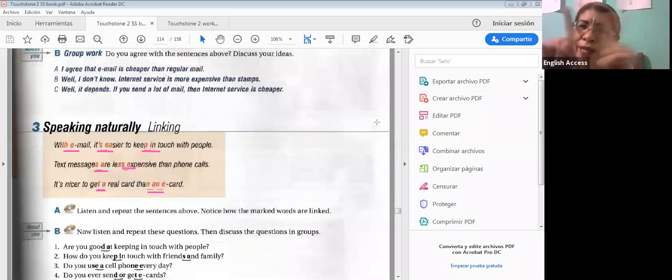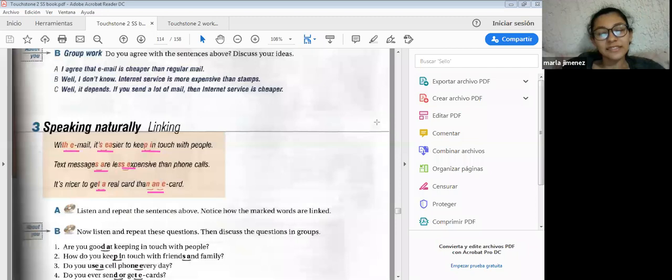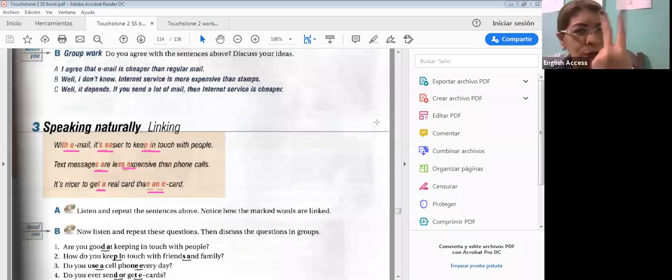Then on the second part, we have two other words. It's easier. Once again, we're going to imagine that we have only one. It's easier. Okay, so let's repeat.